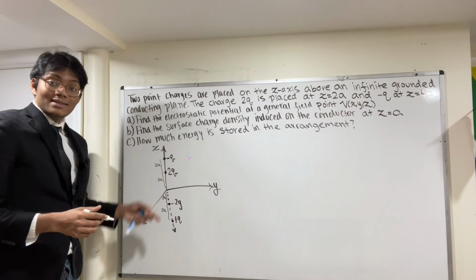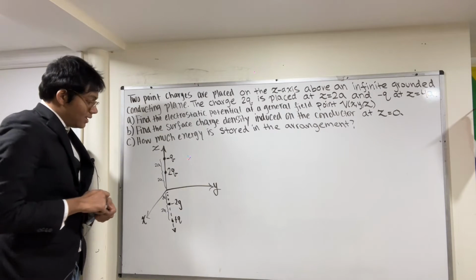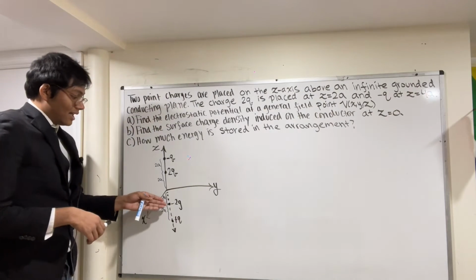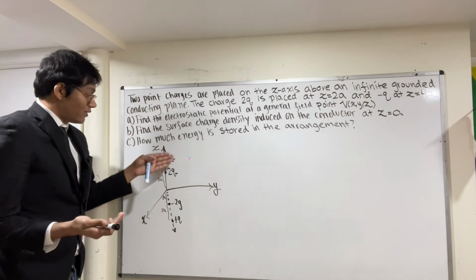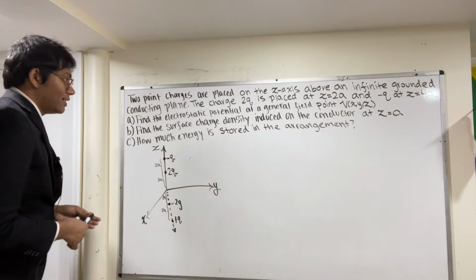So this is the analogous problem for finding the electric potential for part A. So that's why they call it an image charge, because you see a reflected image of the original charges under this plane. That's the whole idea behind the name.